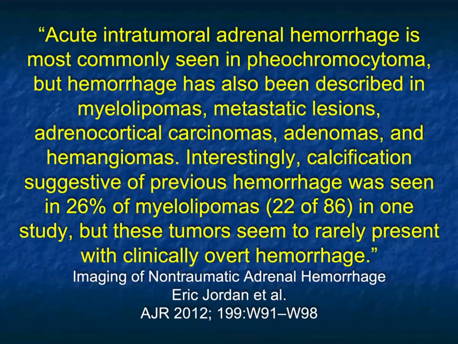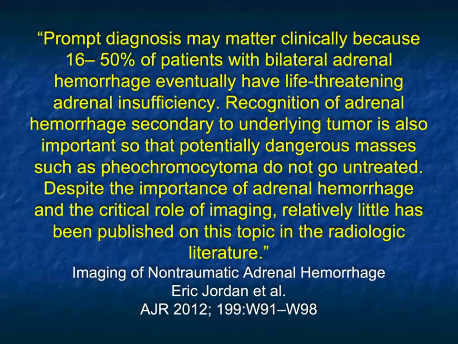Interestingly, calcification suggestive of hemorrhage was seen in about a quarter of myelolipomas, but the fact is, I can see punctate calcification in myelolipomas. I rarely see extensive or dense calcification. Prompt diagnosis may matter clinically because up to 50% of patients with bilateral hemorrhage may eventually have life-threatening adrenal insufficiency.